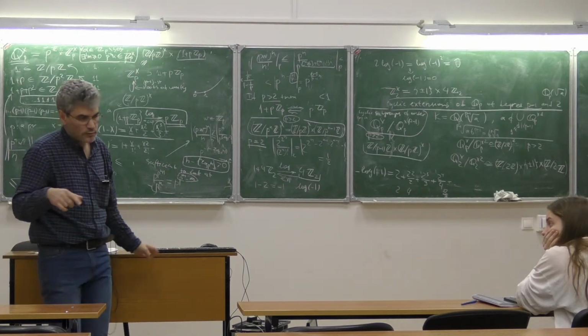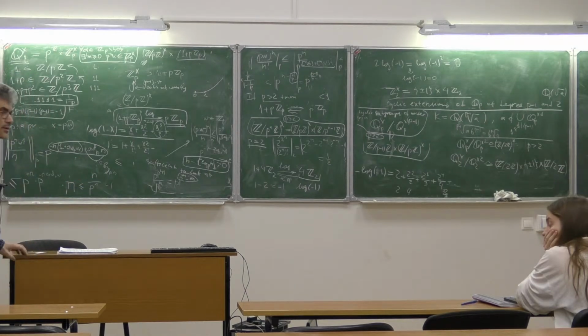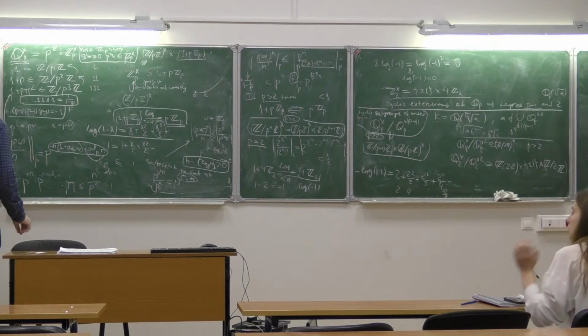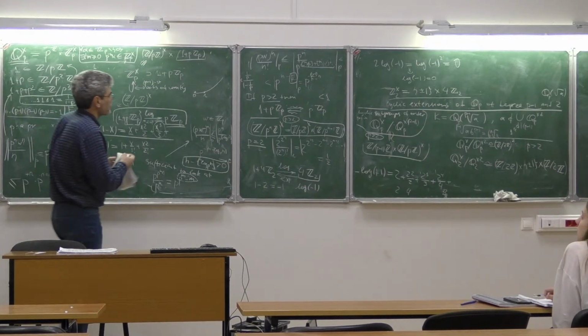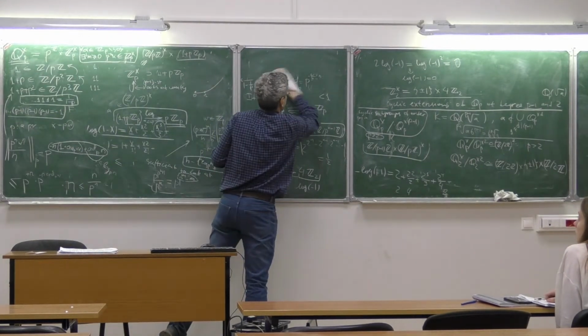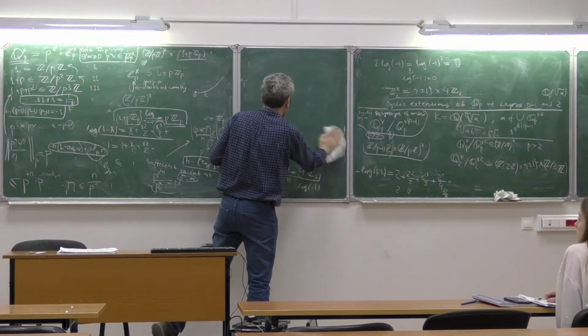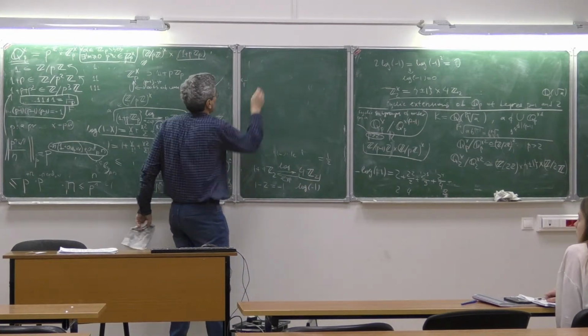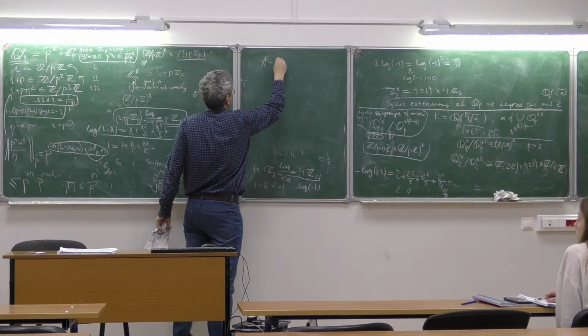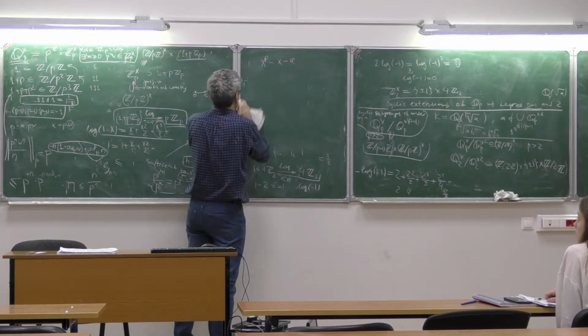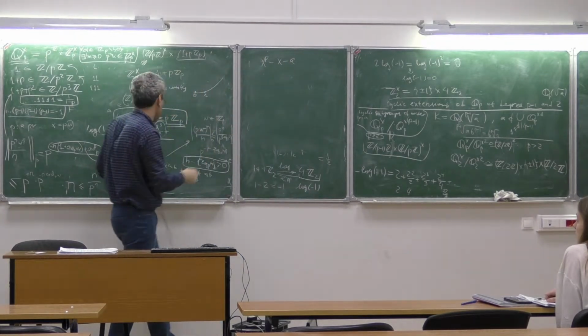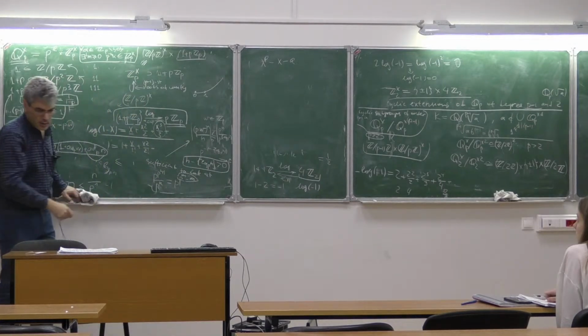Abelian extensions of degree p of fields of characteristic p. Well, it's using roots of polynomials like x to the p minus x minus a. So that's how p is the characteristic of the field.